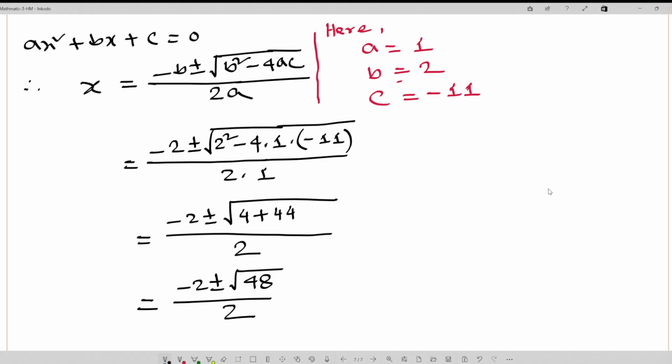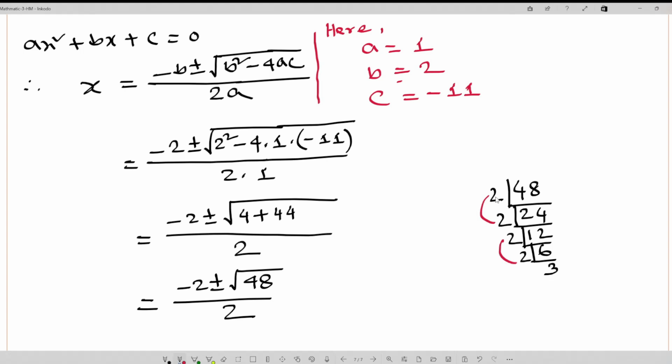This 48 we need to consider: 48 we can divide by 2, so 24, divide by 2, 12, divide by 2, 6, divide by 2, and here 3. So here is 2, 2 and 2, 2, 3.